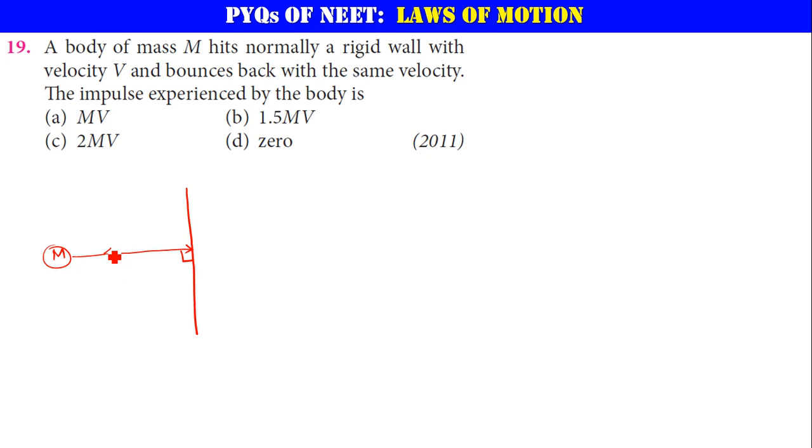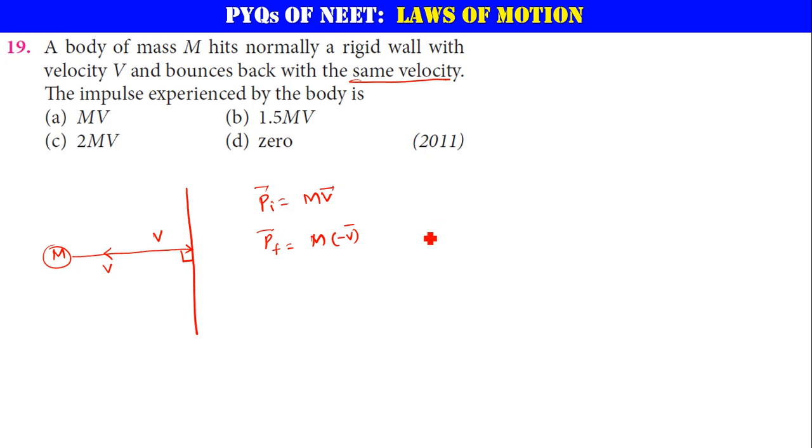He said that the reversed ball will be having the same velocity v, initially v, finally v. So now initial momentum pi is equal to mass times initial velocity, mv. Okay, final momentum pf is equal to mass times velocity, which is along the negative x axis, isn't it? Minus v.